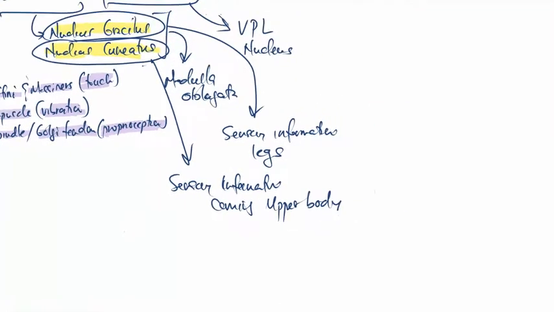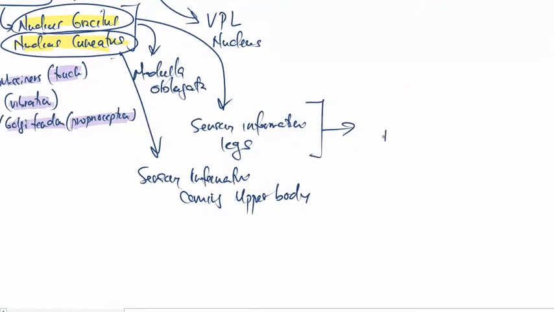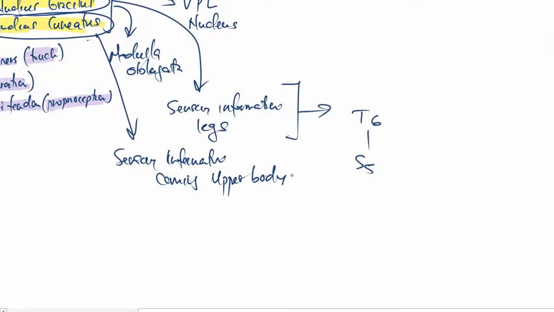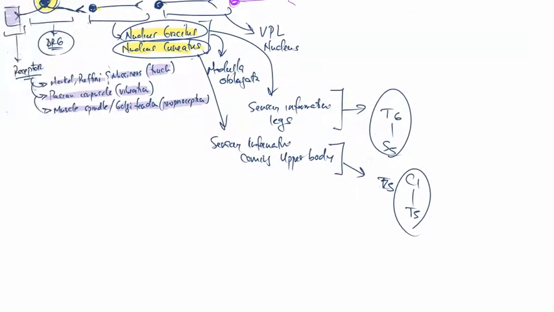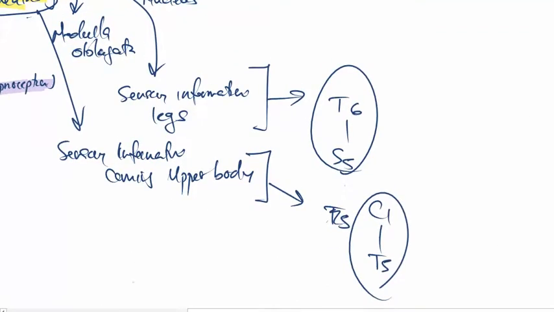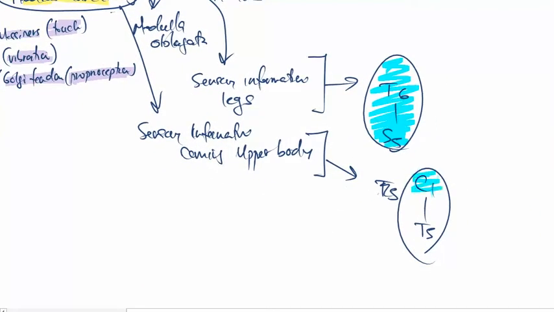Now specifically, I believe it's T6 to S5 for this one, and for this one it's C1 to T5. This is where the information will be coming from, from this level, and for your cuneatus, it'll be coming from this level.